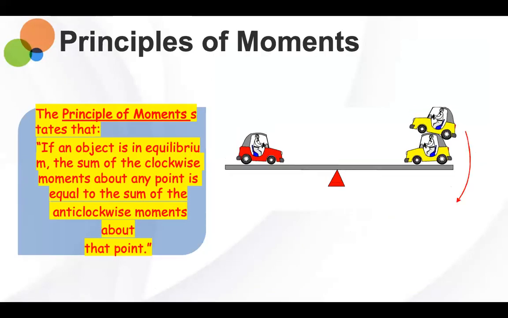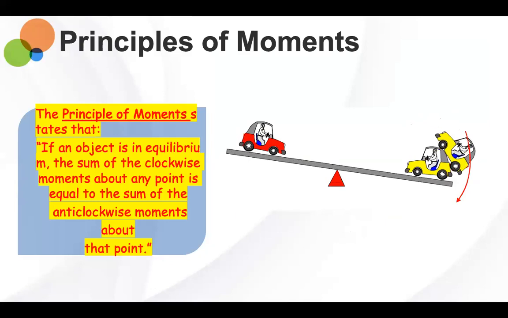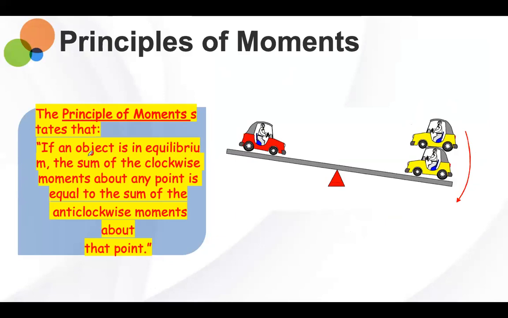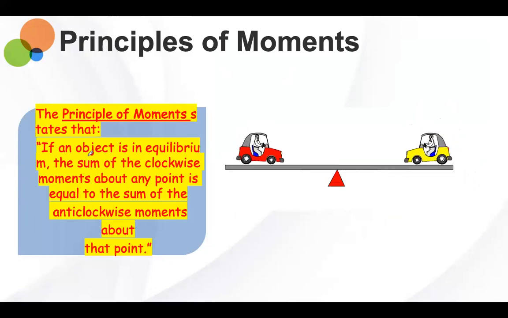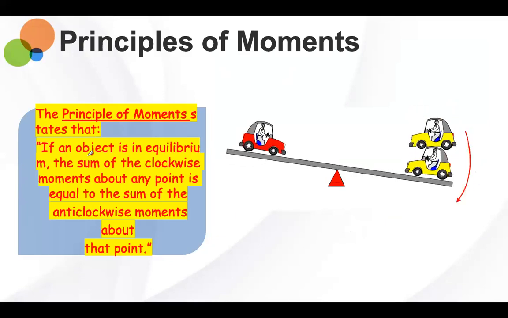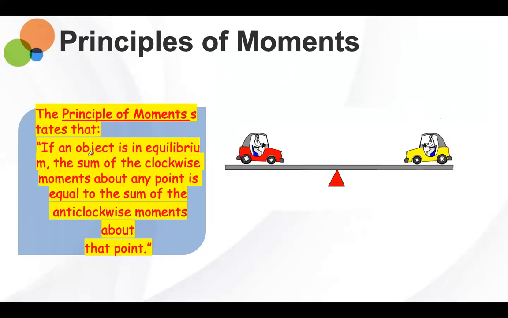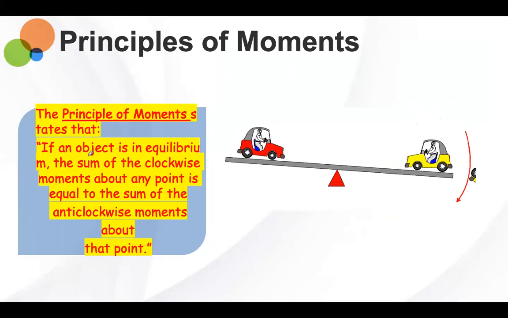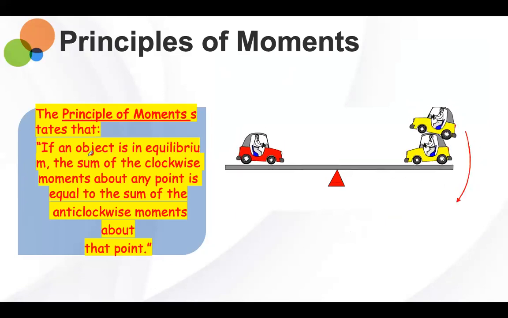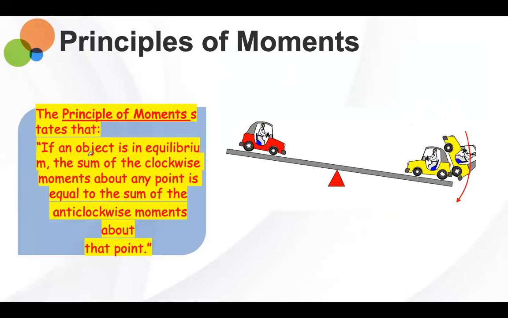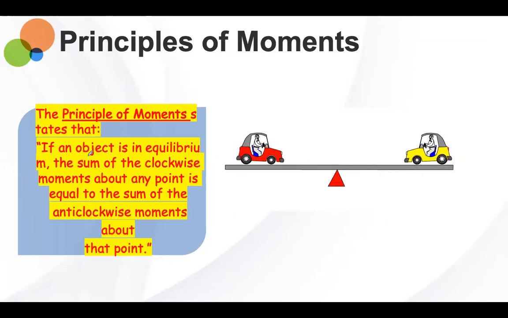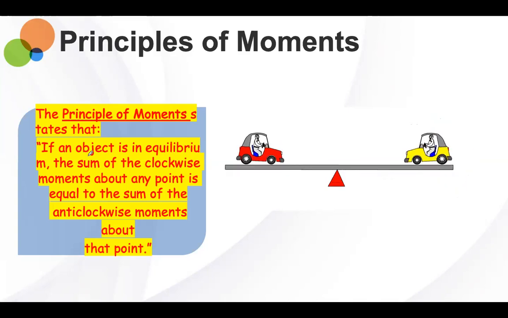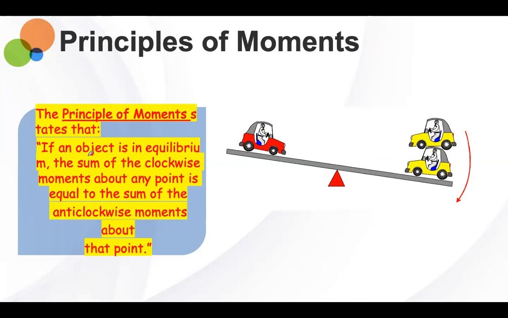Let's go to the actual formal definition that describes it. If you're asked to state the principle of moments, you would state something like: if an object is in equilibrium, the sum of the clockwise moments about any point is equal to the sum of the anti-clockwise moments about that same point.